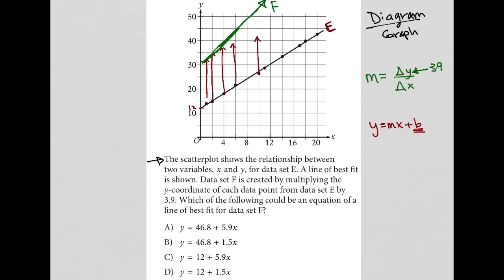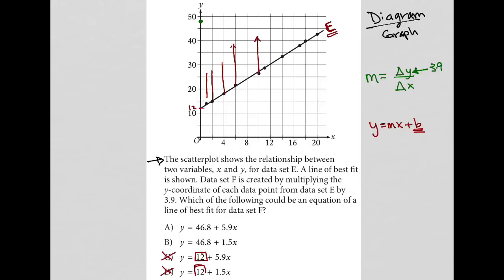So actually my green line, let me erase all this, should actually be up around here for the y-intercept. And I can go back to my answer choices and see that choices C and D both have 12 as the y-intercept. So that's why they're gone, right? 12 was the y-intercept for line E. We care about line F, so those two are gone.